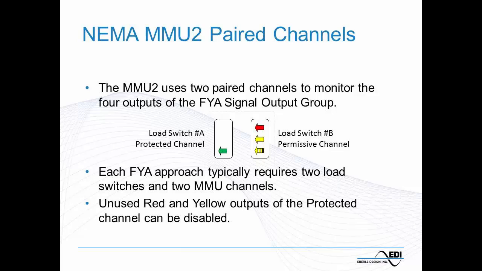So in the simplest case, what I've shown here is load switch A provides us with the protected green arrow on the green output, and load switch B, what we call the permissive channel, has the red arrow, the solid yellow arrow, and the flashing yellow arrow. So that's considered the permissive left turn channel.